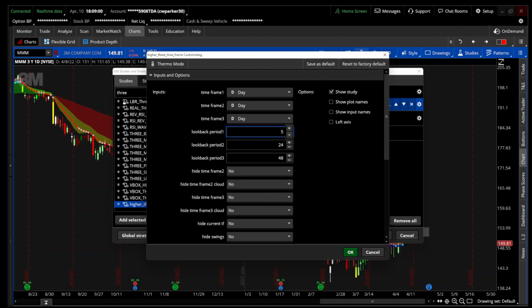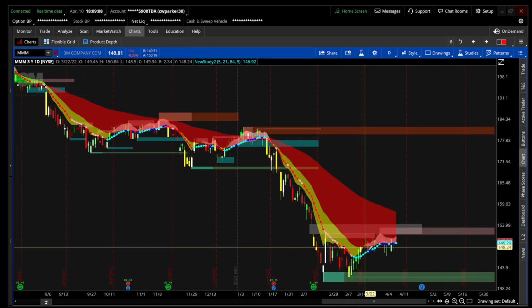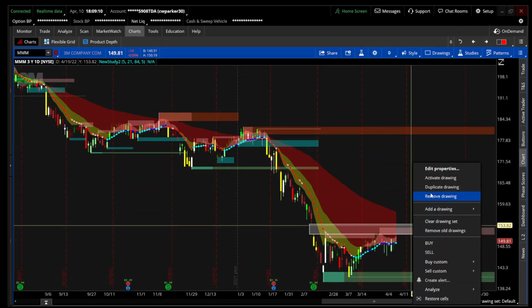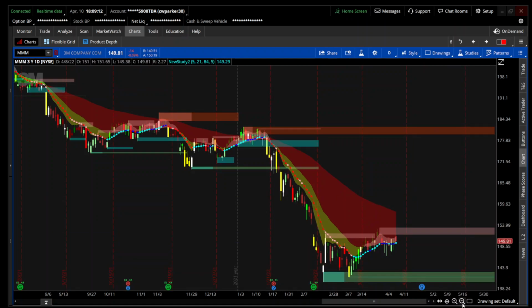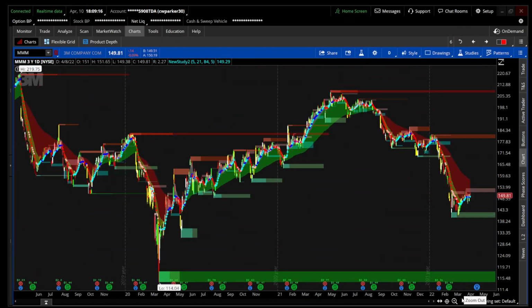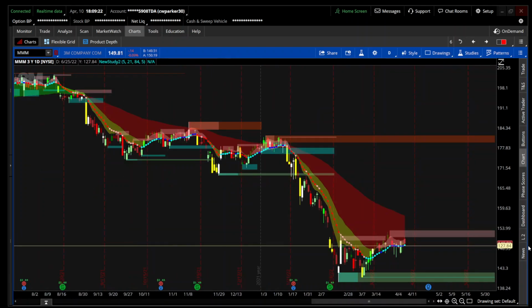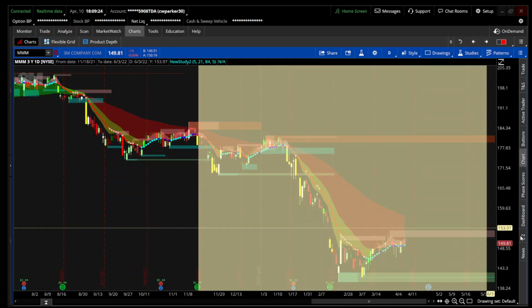So I'm going to do 5, 21, and 84. And I have it set on a 3-year time period. So I'm going to get rid of this whole area of possible supply demand. And this is what we're left with right here when I do that.